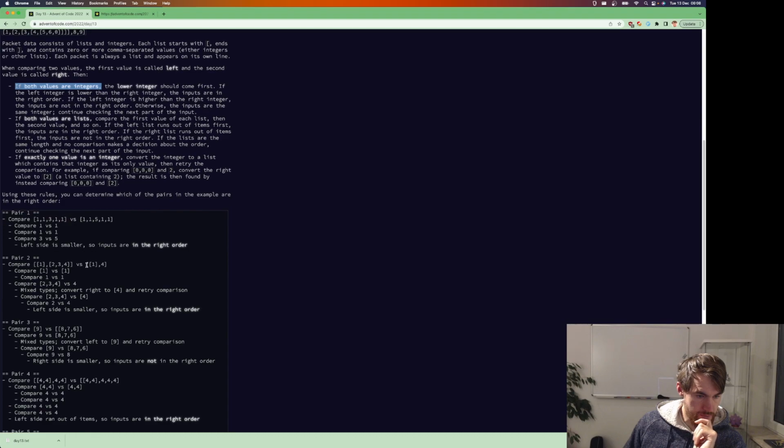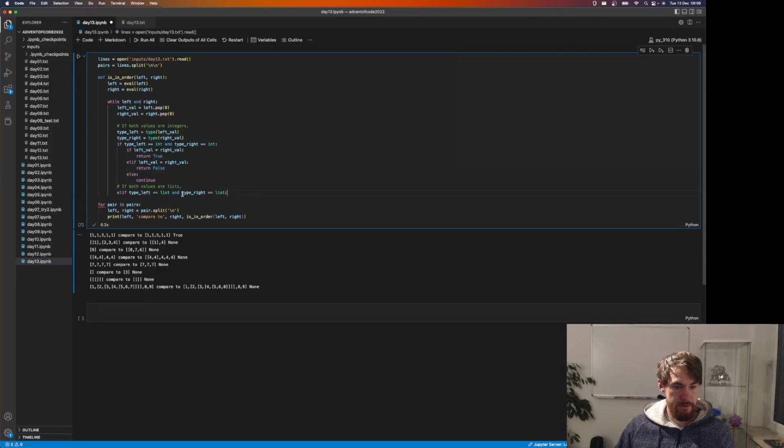So we got 1, compare 1 versus 1, compare 2, 3, 4 and 4. Convert the right type to a list and retry comparison. Compare 2, 3, 4. Compare 2 versus 4. Left side is smaller, so the inputs are in the right order. Okay.